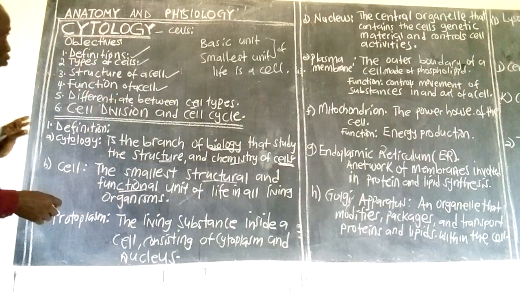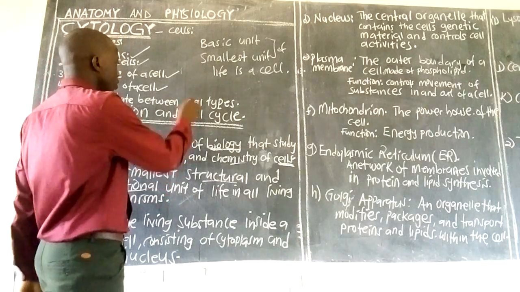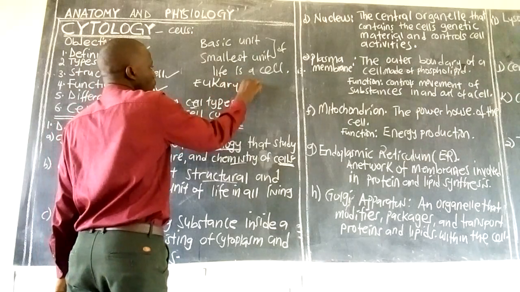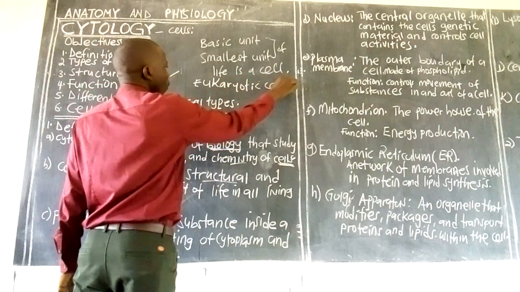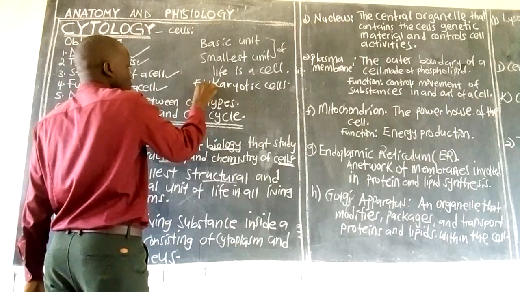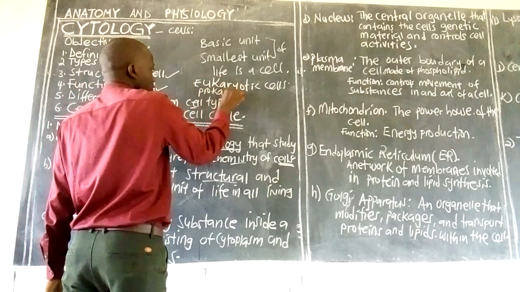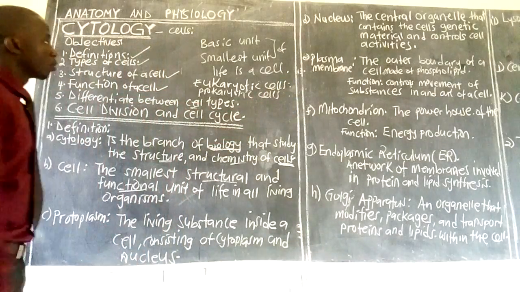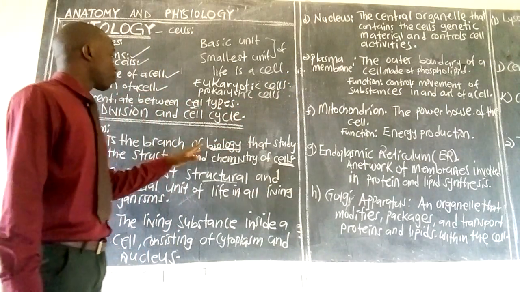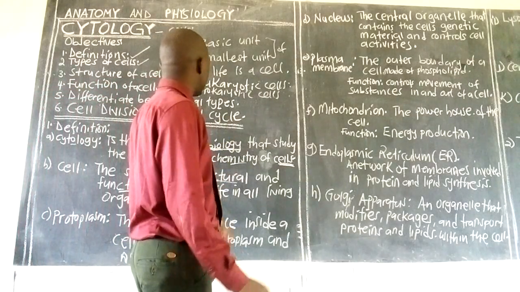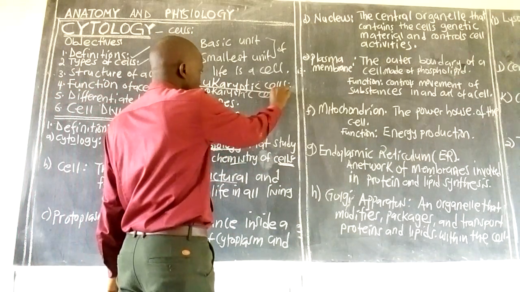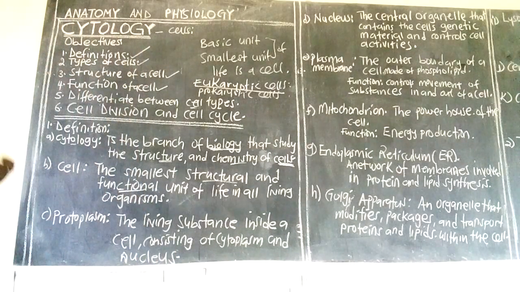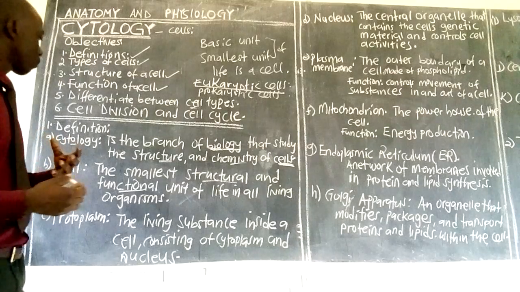We have what we call the eukaryotic cells, and also have what we call the prokaryotic cells. So basically, since we are doing human biology or human science, we shall deal with eukaryotic cells, because these are the cells we're going to find in human beings.